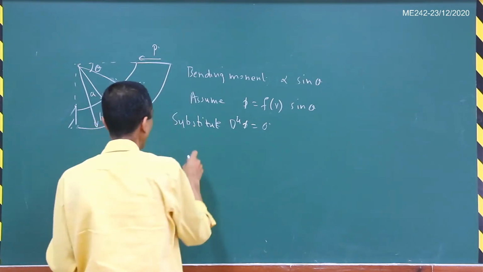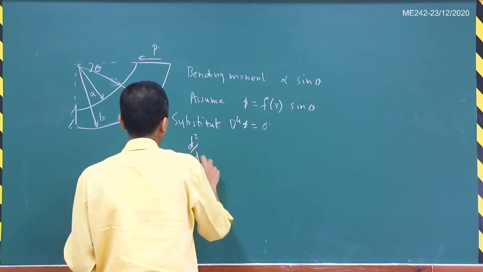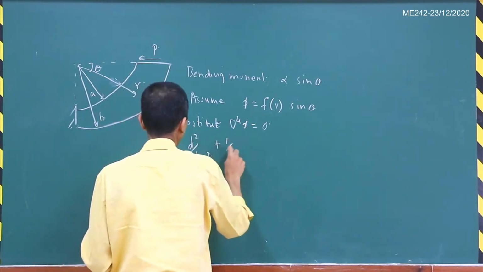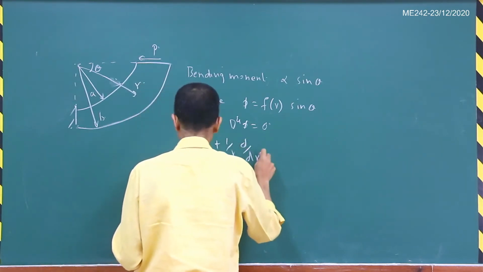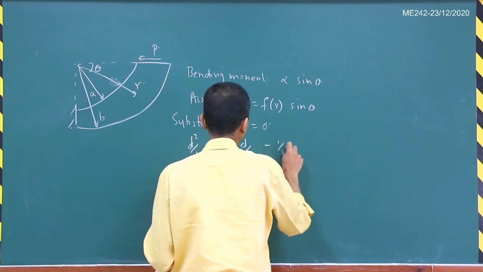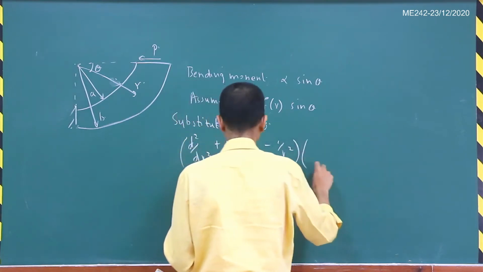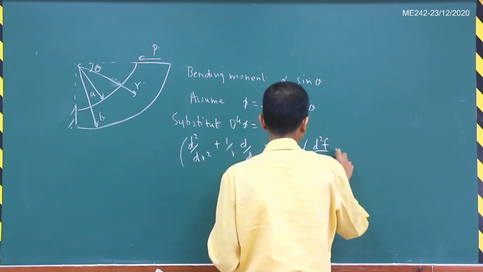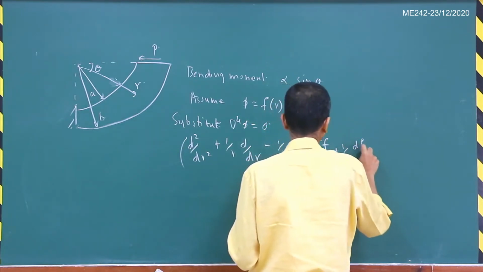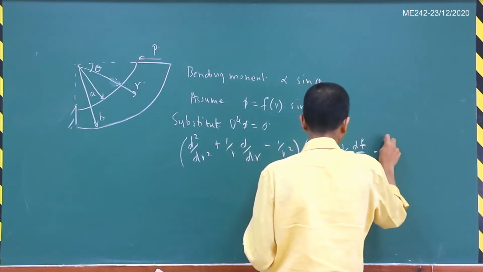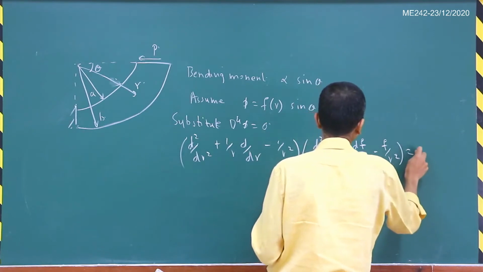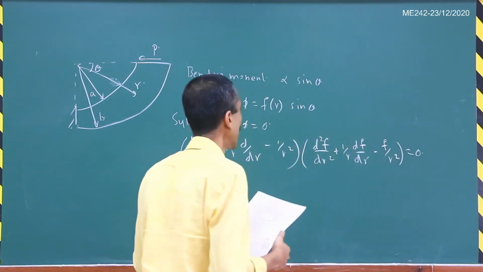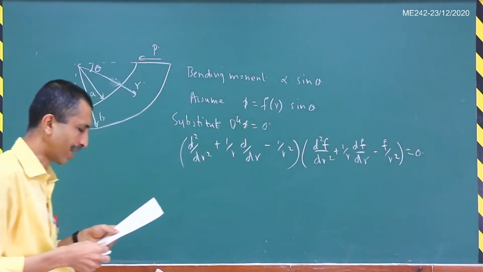So that will be of the form d square by dr square plus 1 by r times d by dr minus 1 by r square times d square f by dr square plus 1 by r df by dr minus f by r square equal to 0. So this is the fourth order differential equation that we will get for f.